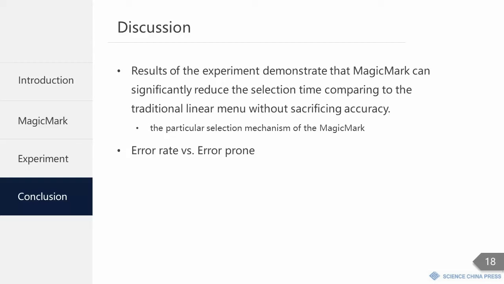It is interesting that although the error rate of the 2 techniques has no significant difference, the subjective feedback showed difference. This might be because the experienced participants were familiar with the traditional menu technique and underestimated the errors they made.